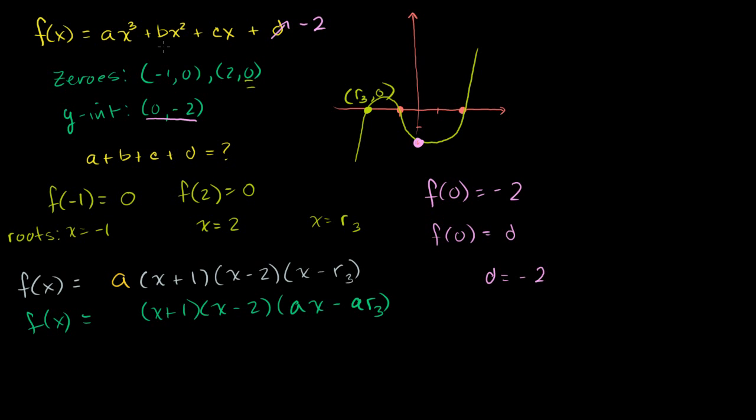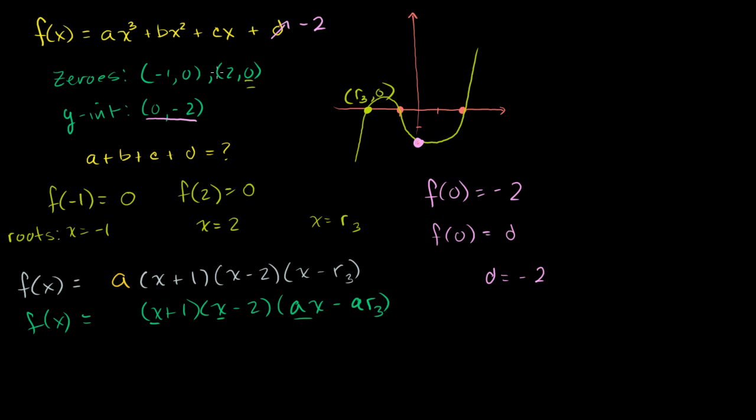Now, to solve for R3, or attempt to, you just have to realize that when you multiply this thing out, the way to get the constant term, the d, is a product of the constant terms in our expressions. Because if I introduce any products with any x terms, you're going to get one of the other terms. The ax cubed term is generated from those two x terms being multiplied together, and the constant term comes from the constant terms being multiplied together.